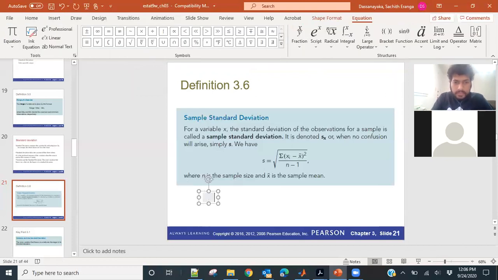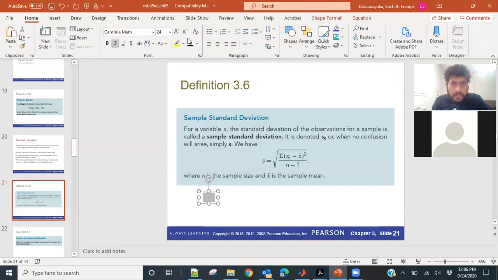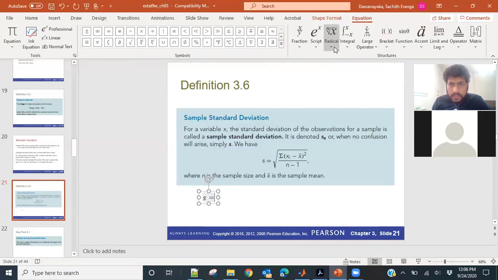s equals the square root. Now I can add the equations, square root. Yes, here you can find the square root. Summation of xi minus x bar. Summation means plus.